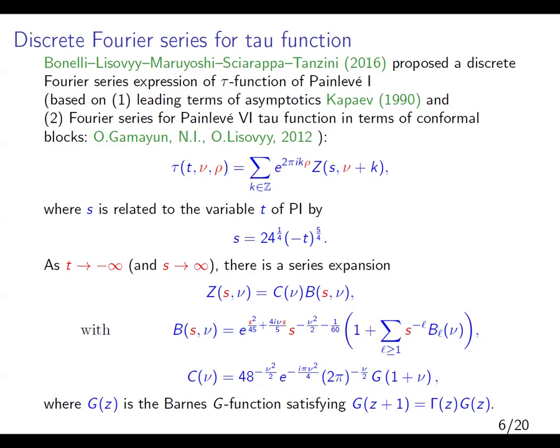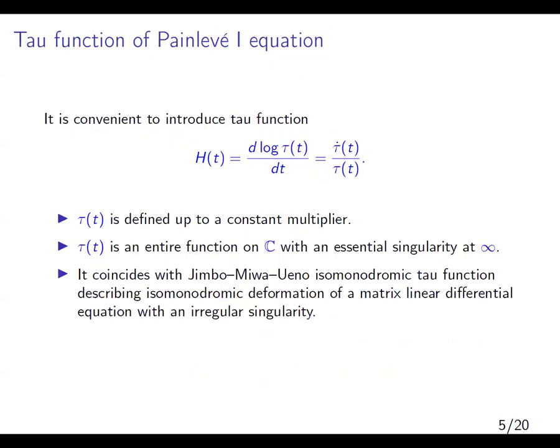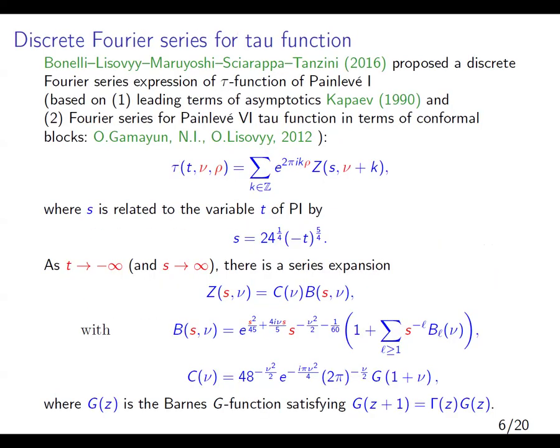Just substituting such expression into the nonlinear equation, Painlevé I equation, we can find the expansion, and the structure is the following. We have some constant written in terms of Barnes G function, and some series in the variable s, which is more or less related to time.